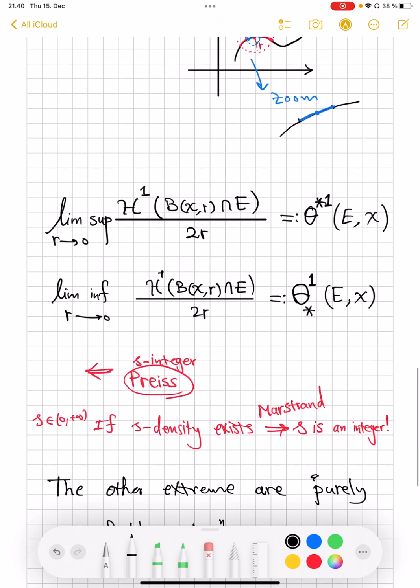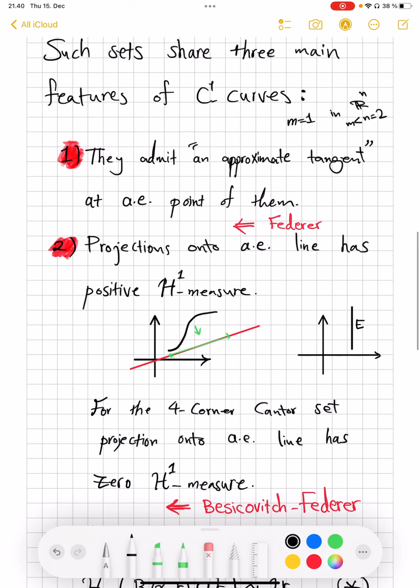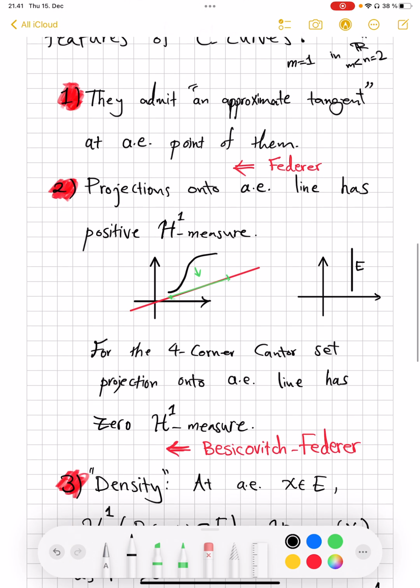And then there is the four-corner Cantor set, which failed the density, failed the projections, and, we didn't talk about this, it also fails the approximate tangent property. And then you can imagine there are sets in between. But fortunately, and very fortunately, that does not happen. So it's kind of nice that either you are rectifiable and you have all these beautiful properties, or you're purely unrectifiable, which means you are the complete opposite of these. You have none of these. So there is no in between.